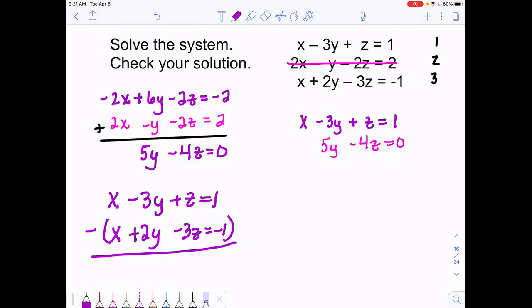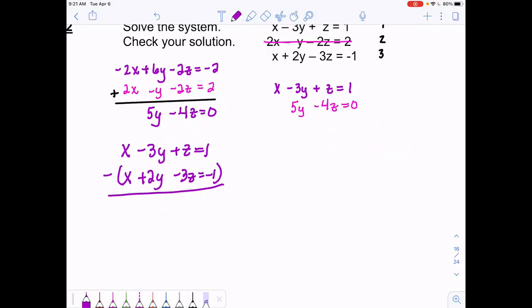Joe, when you do that, what do you get? So my third equation, -5y plus 4z equals 2.